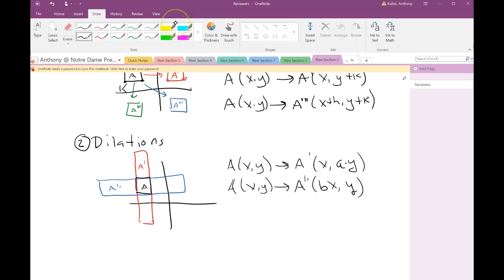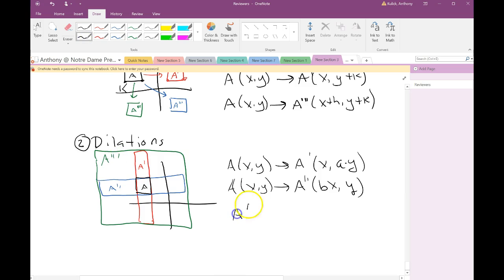I'd multiply the x-coordinates, and then of course we could do both. So I could stretch both vertically and horizontally. And if I do that, I'm multiplying both of the coordinates.